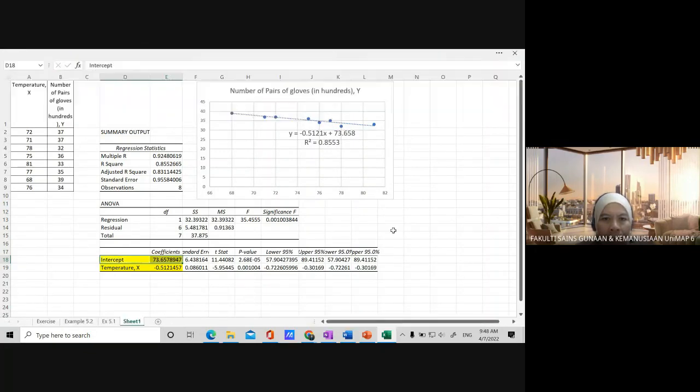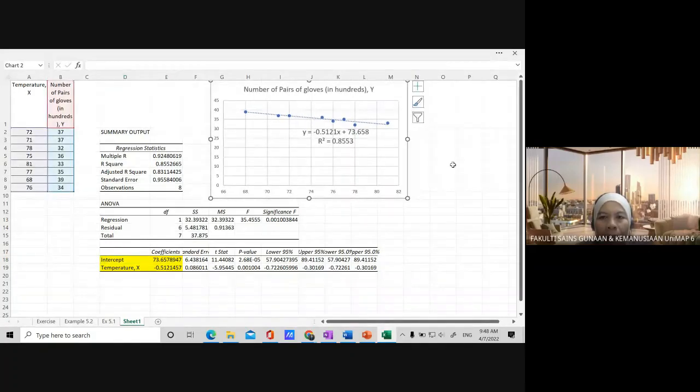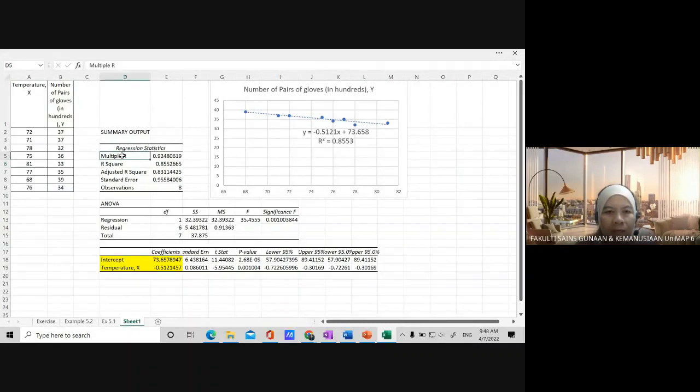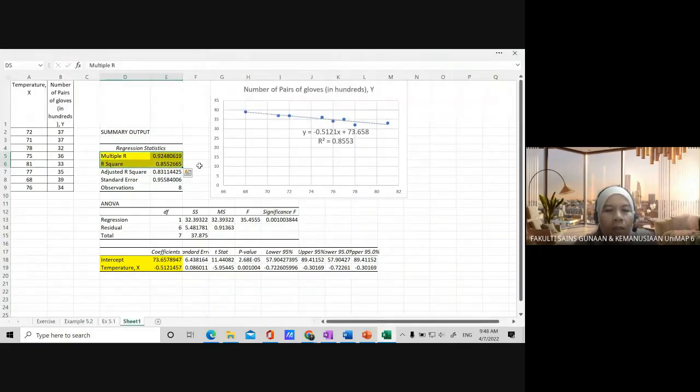And the reason why, class, you have this scatter plot included in your analysis is that, why, class? Because in the regression statistics given to you, these two are very important, because these two are the ones you can use to answer the question given to you.